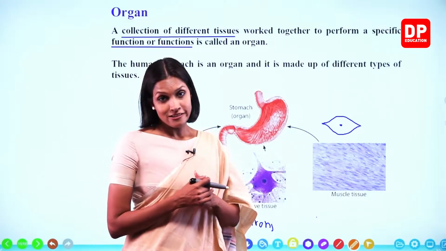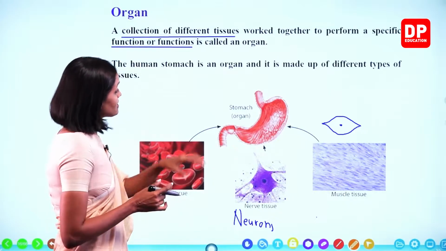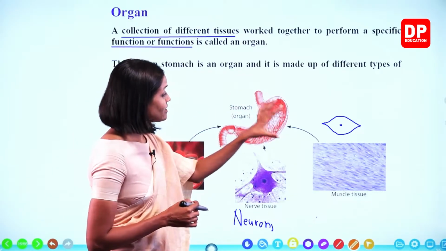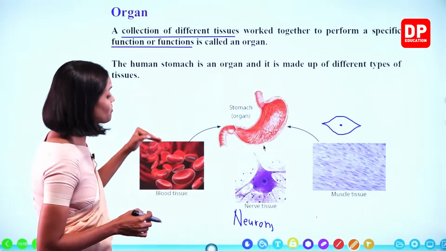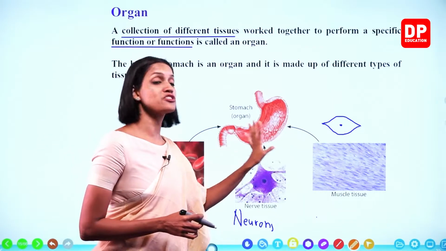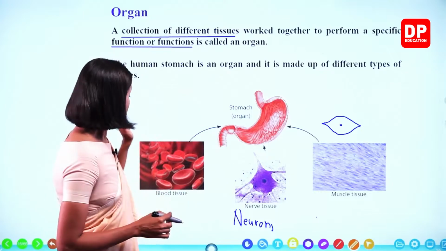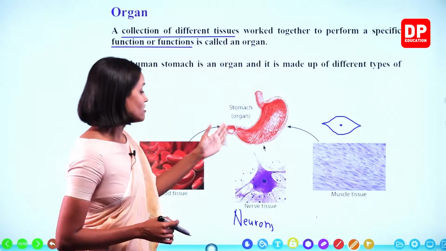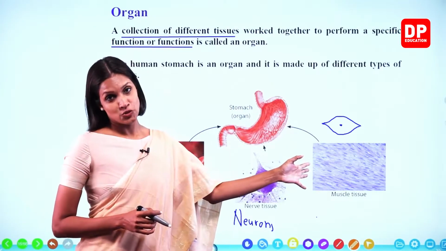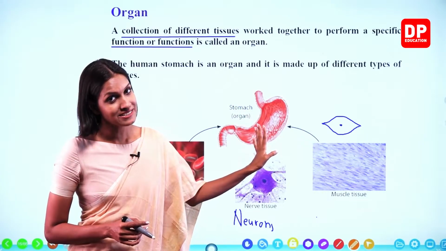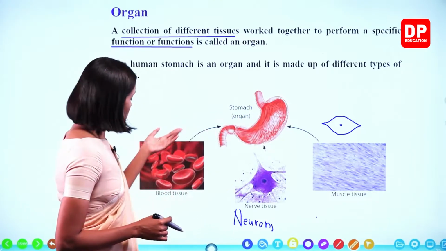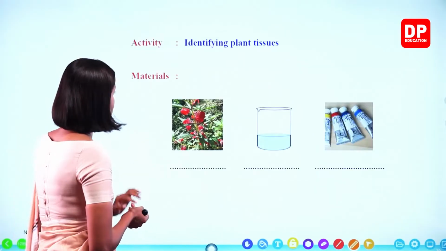So it is very clear: the stomach is an organ and it is made by combining specifically these three main types of tissues: blood tissue, nerve tissue and muscle tissue. Right, children? Okay. What about the plants?